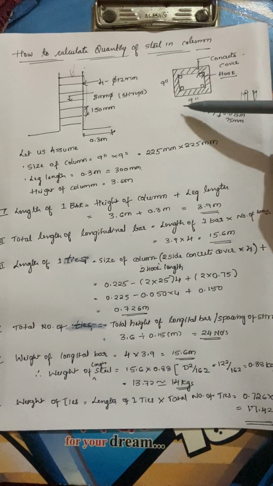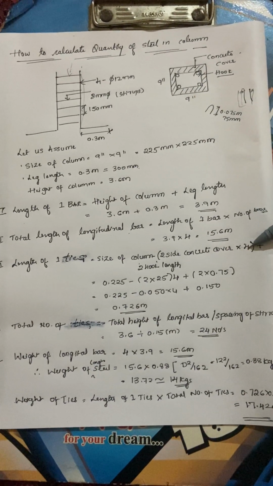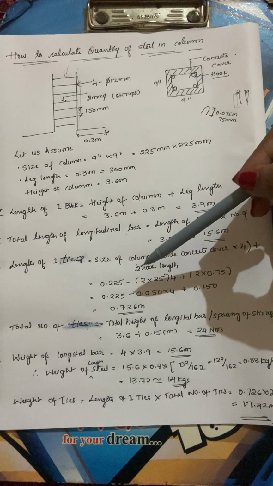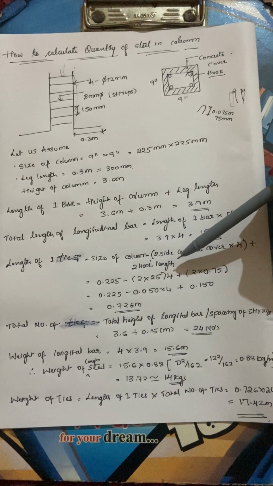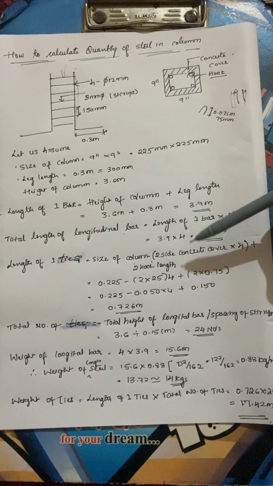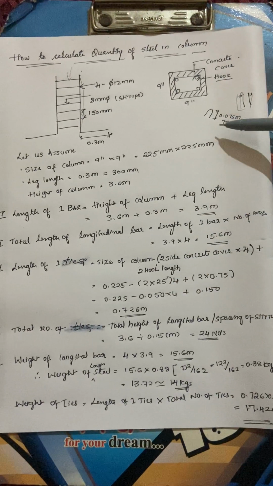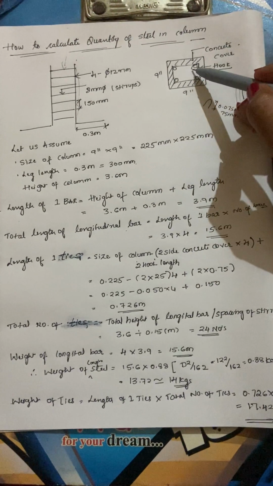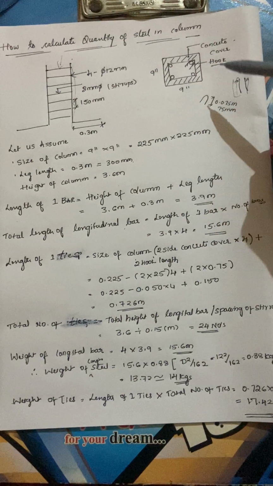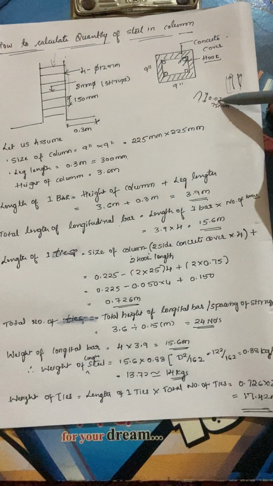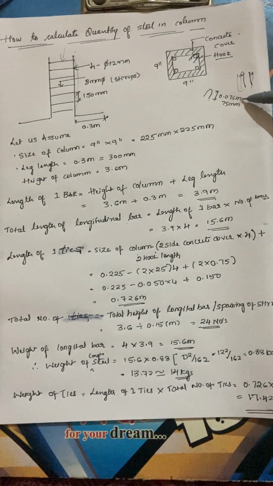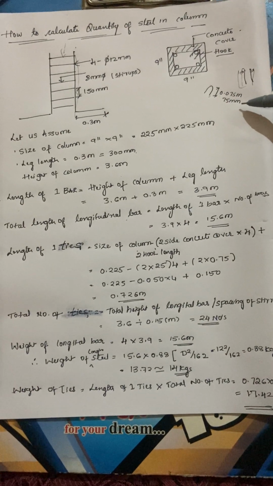How many sides do we have? That is 4. Multiply by 4, plus 2 into hook length. What is the hook length provided here? Hook length is nothing but this particular portion, which is 0.075 meter, that is 75 mm.